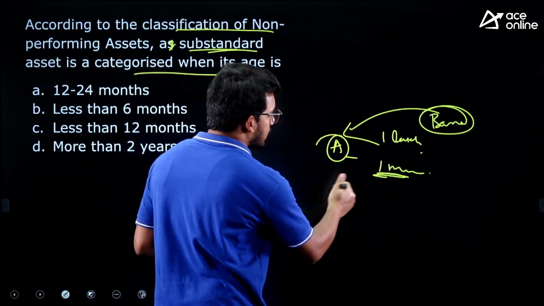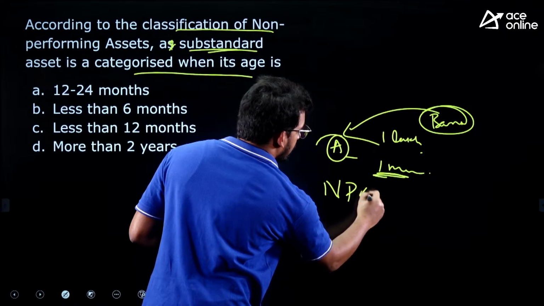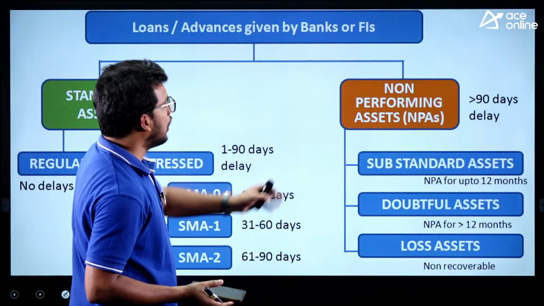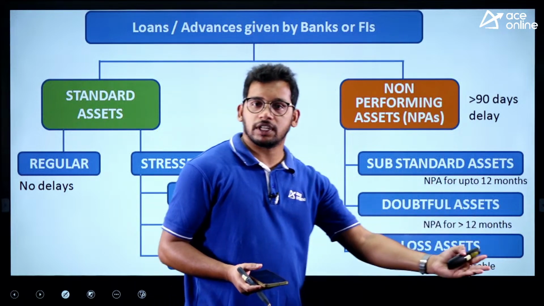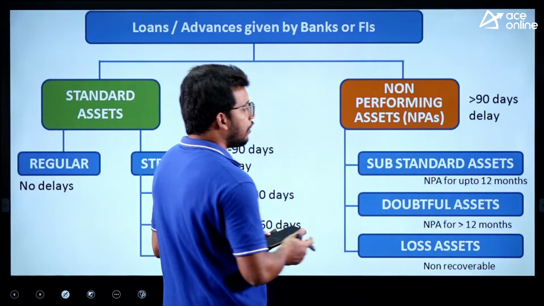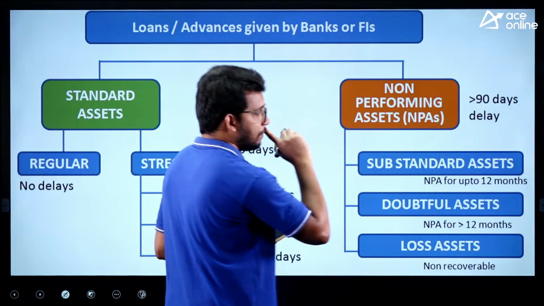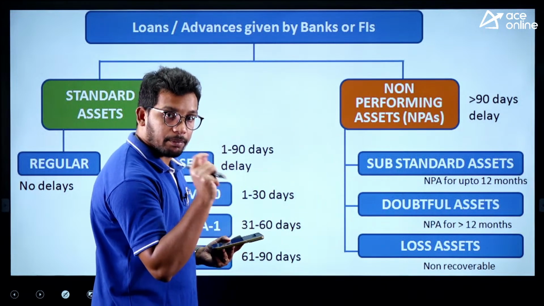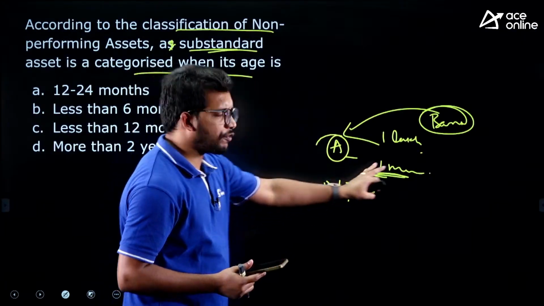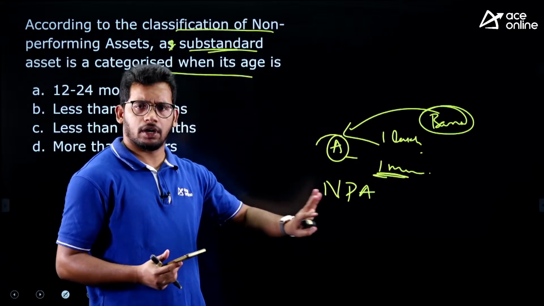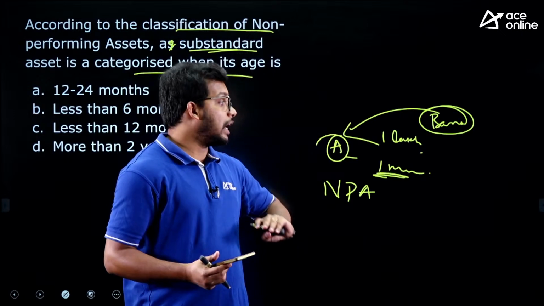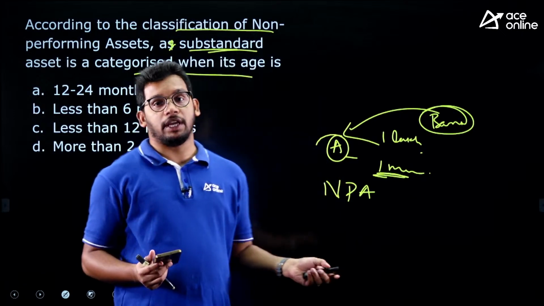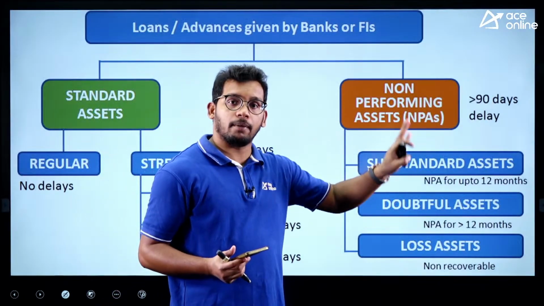So there is NPA, and there is a sub-classification. Non-performing assets means delay in paying the loans that we have taken from the bank. If it is not paid for 3 months consistently, then for the first month they won't ask, the second month also they won't ask, and if in the third month also I am not paying, then it is called a non-performing asset.